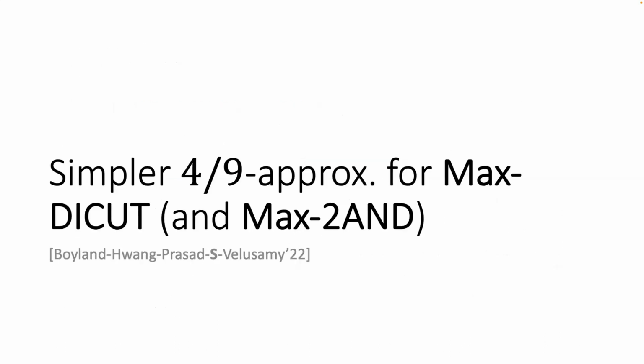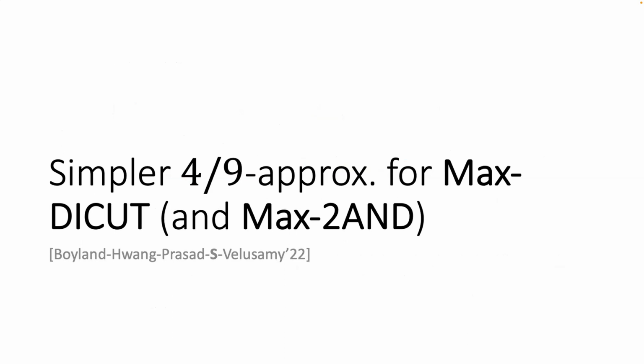Okay, so now I'm going to forget about everything that I just said and just tell you about a hopefully simple algorithm that gets a 4/9 approximation. And I'm going to think about it not for the max die cut problem, but actually for a more general problem because it's convenient in this setting. And this more general problem is the max 2 and problem. Max die cut, applied to two variables, has the constraint x and not y.